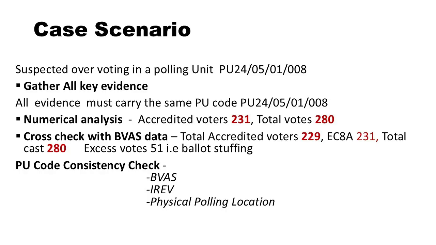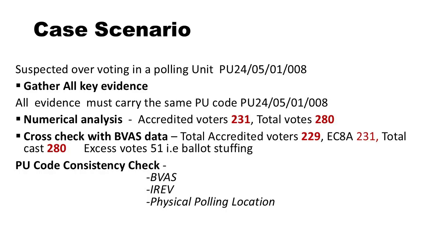Now, the first thing is to gather all evidence. And what are those evidence that you are going to gather? The first is the EC8A, that's the result sheet. You also need to obtain the BVAS accreditation report. Also, you need INEC IReV uploaded results. Then ballot papers, and the voters register for the PU.